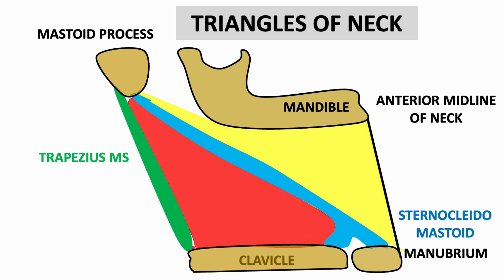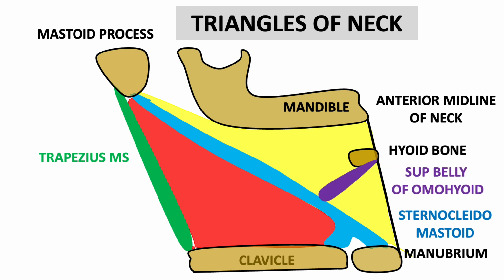So look at the figure. This is the hyoid bone, and from the hyoid bone the superior belly of omohyoid arises, as you can see. This superior belly of omohyoid is limited to the anterior triangle, and it further proceeds to the posterior triangle, where it is called the inferior belly of omohyoid.